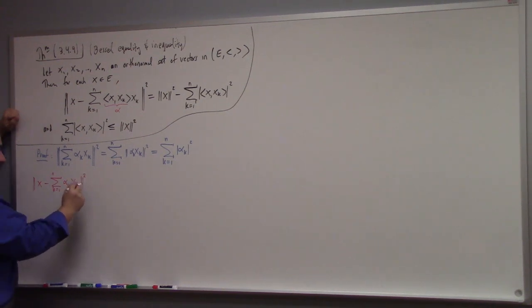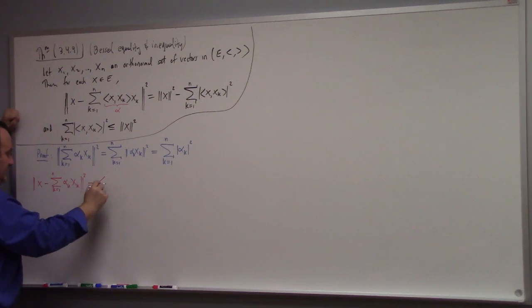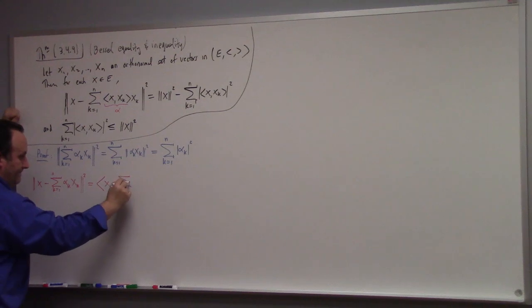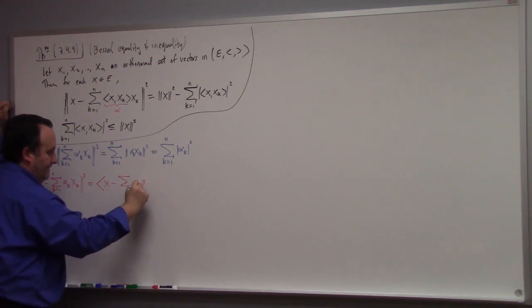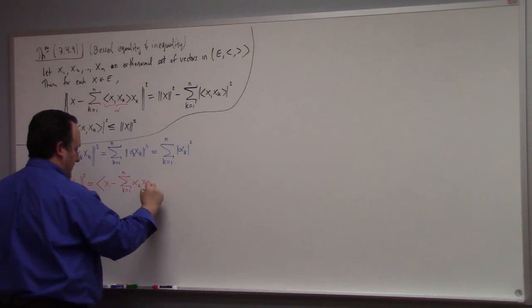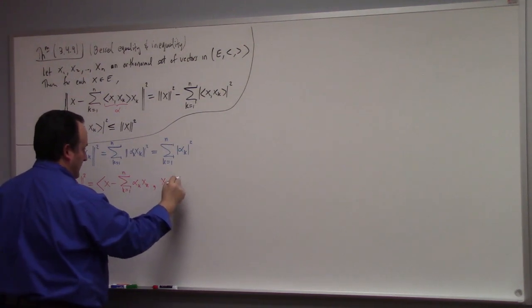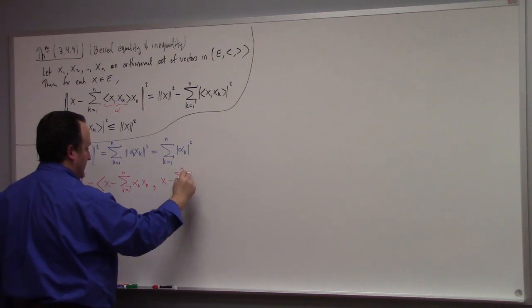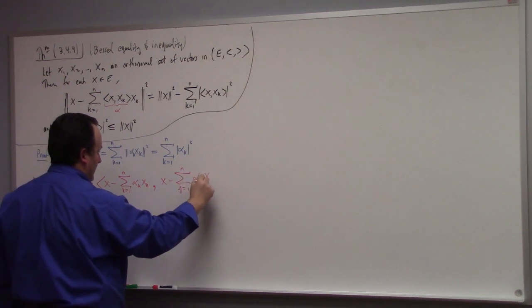That squared is equal to the inner product of x minus that sum with itself. And I'll use a different index on the other one, so I'll use j on this other one, j equals 1 to n alpha j xj.